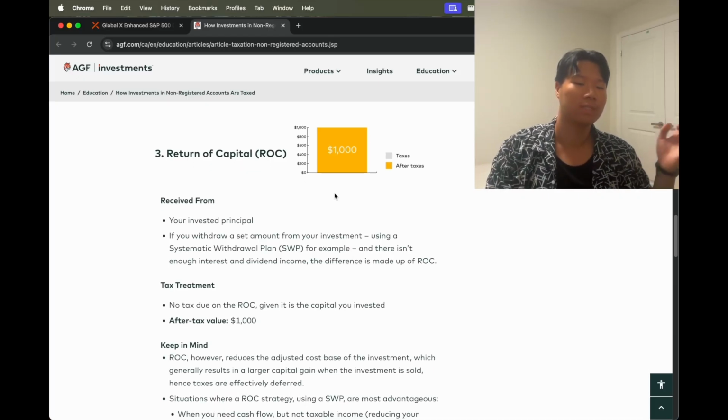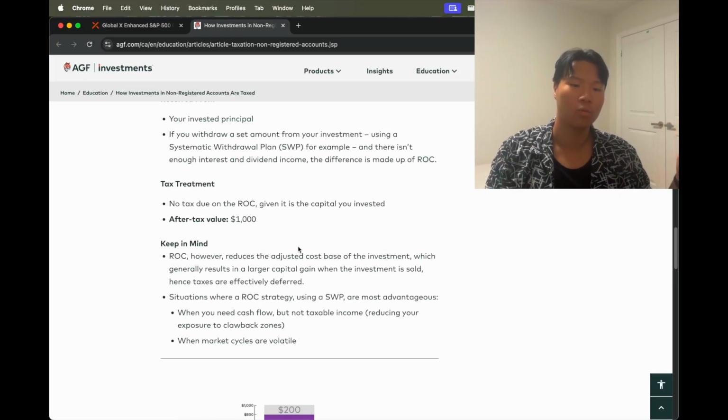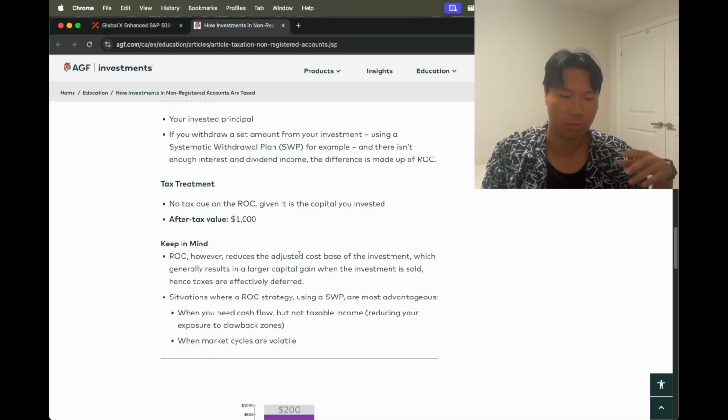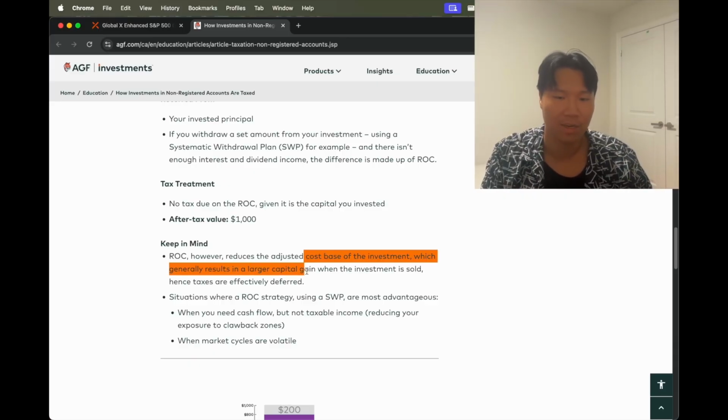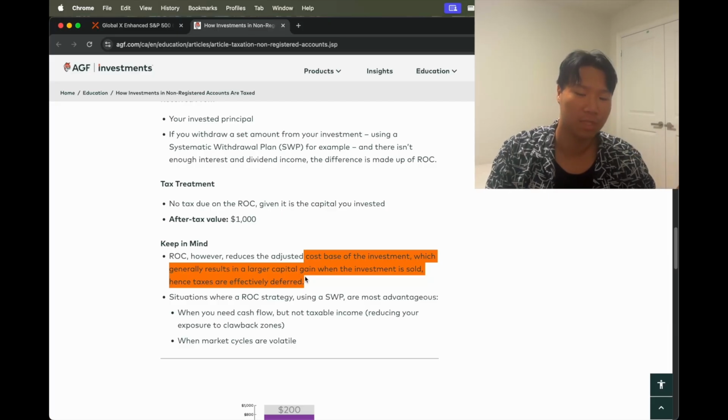But basically this return of capital would reduce your adjusted cost basis of your investment, like lowering your book cost. And then you pay taxes when you sell, so that's why I said it's deferred.